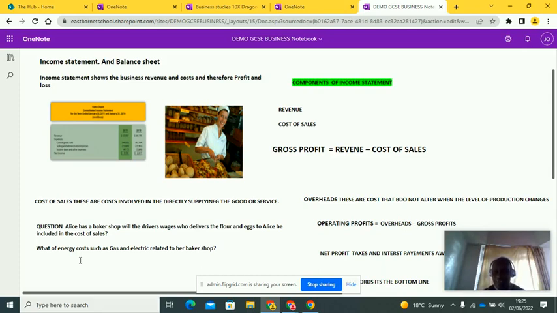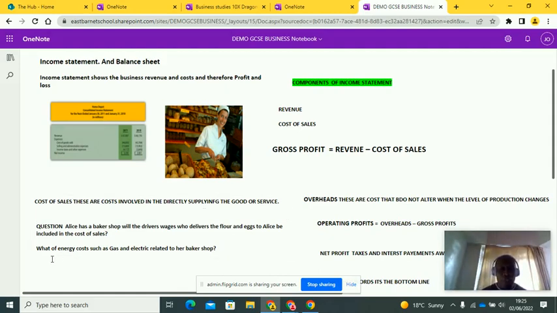Hopefully you got the answer is yes, it would be included. Anything that's directly involved in the goods or services. Remember, cost of sales are costs involved in directly supplying the goods or services. So anything directly involved in the goods and services will count as cost of sales. It's really important to know that one.